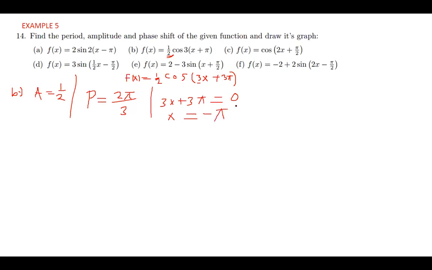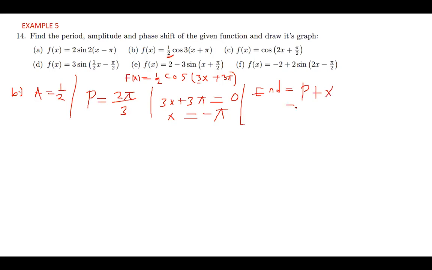And when you look at this, this is also referred to as the starting point of your curve. So let us now find the point where it's going to end. The point where it's going to end, we said it's given by the period plus the value of x.